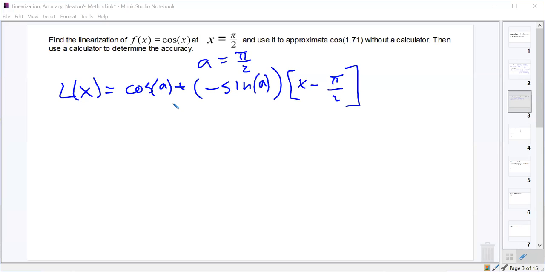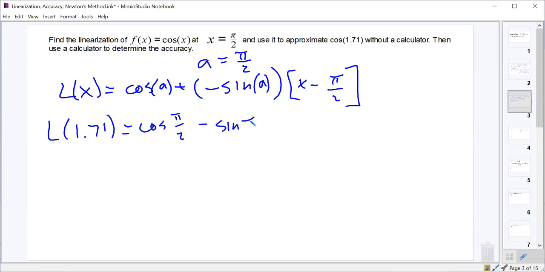So now we're just going to plug in our value. L of 1.71 ought to equal the cosine of pi over 2 minus the sine of pi over 2 times 1.71 minus pi over 2. And what's the cosine of pi over 2?